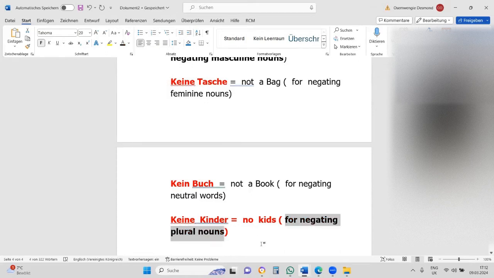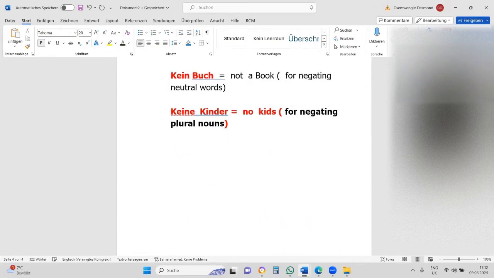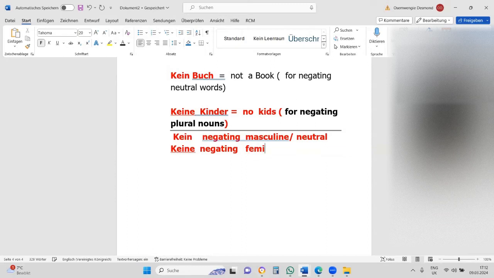So in all, just to summarize what I just said: kein can be used for negating masculine or neutral nouns, and keine for negating feminine or plural nouns.